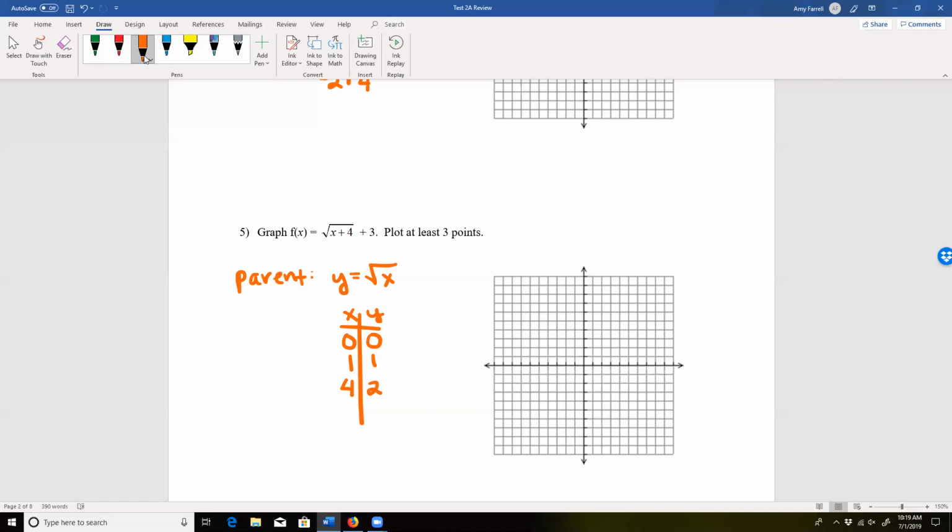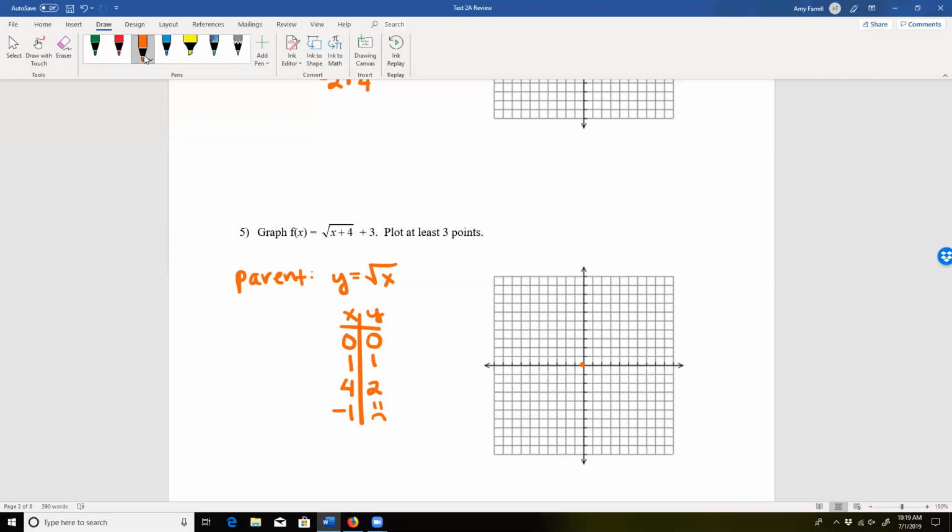Now, if I tried to plug in a negative number, I'm just going to put a little frowny face here. The domain for square root functions is that x has to be greater than or equal to 0. Negative numbers underneath the square root would give us imaginary numbers, so not real numbers. So we don't want to plug in any negative numbers here.